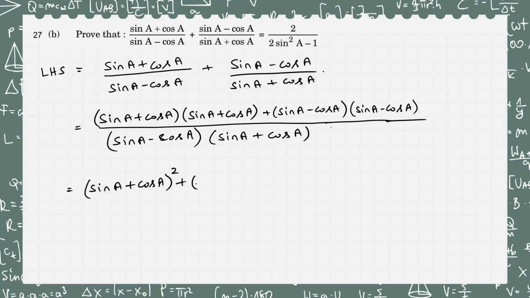And the next product also can be written as sin A minus cos A the whole square, divided by the denominator here, sin A minus cos A into sin A plus cos A.